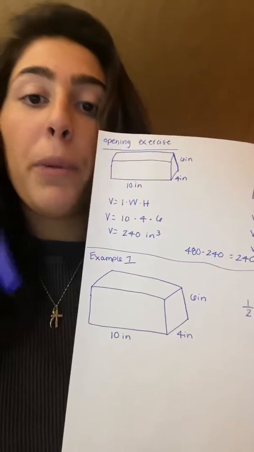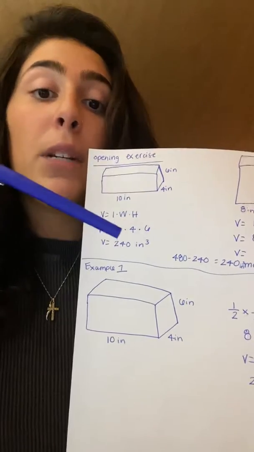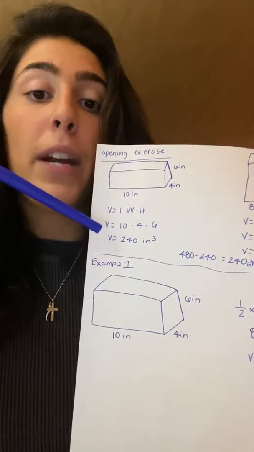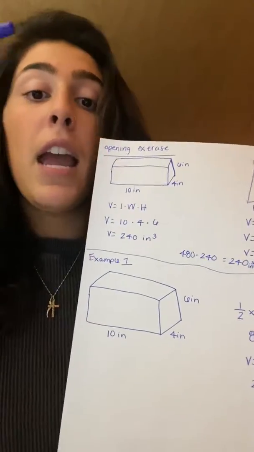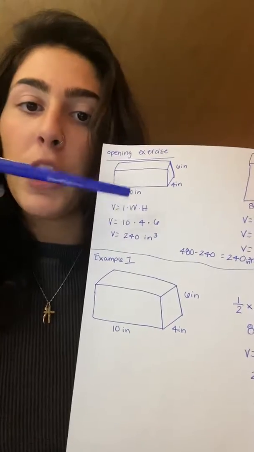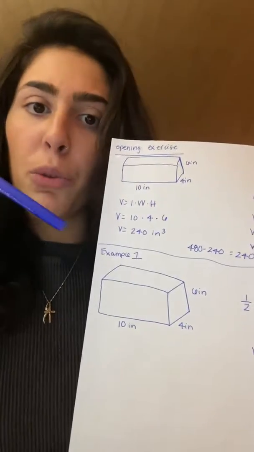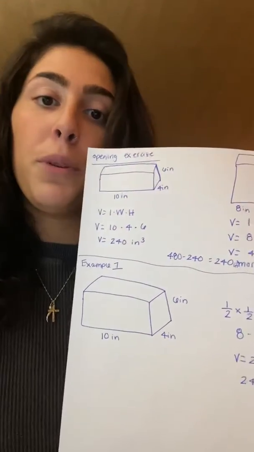So I wrote down my formula, V equals length times width times height, and I just plugged in those numbers. V equals 10 times 4 times 6. When you multiply those three numbers together, and remember our label is inches, you get 240 inches cubed.